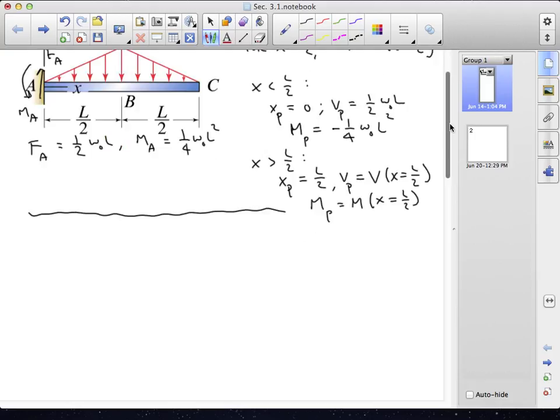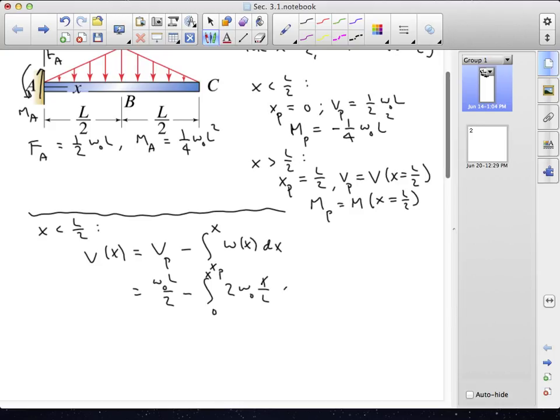So now we can write our results down directly. For x less than L over 2, our results had given us that V of x was equal to Vp minus the integral from xp to x of w of x dx. And that's going to be equal to w0 L over 2 minus the integral from 0 to x of 2 w0 x over L dx.